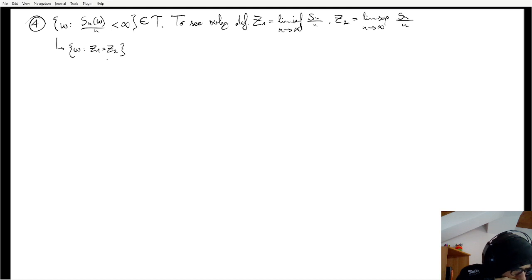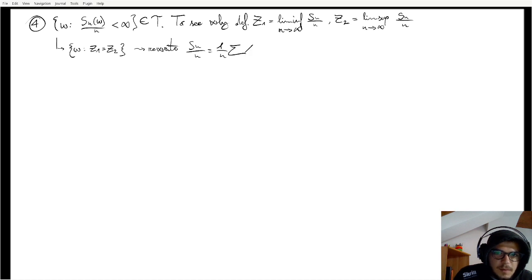And to see that this is in T, rewrite Sn over n in the following way. Sn over n is 1 over n, the sum of xi.